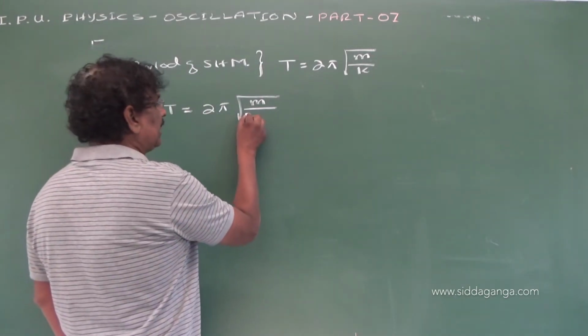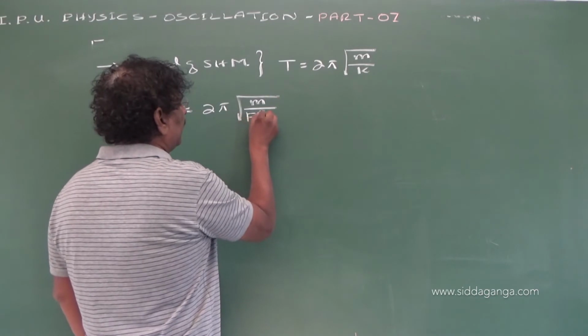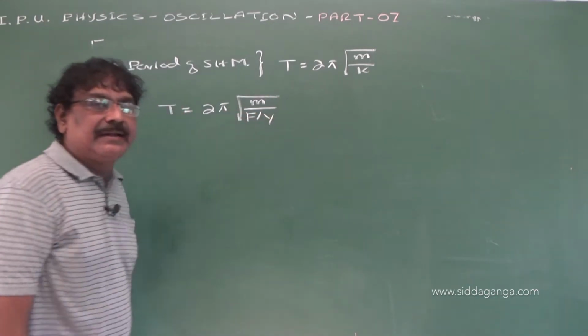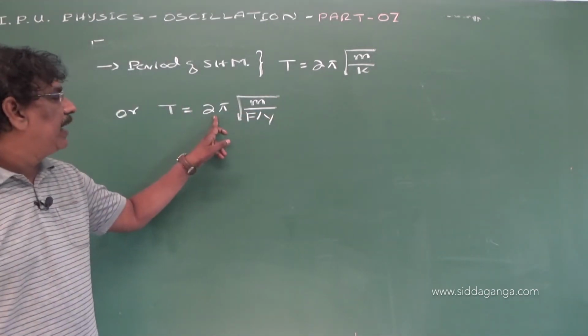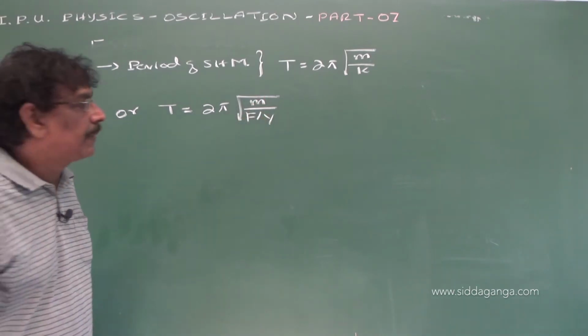Now replacing k by F by y, we get T is equal to 2π times the square root of m by F by y.